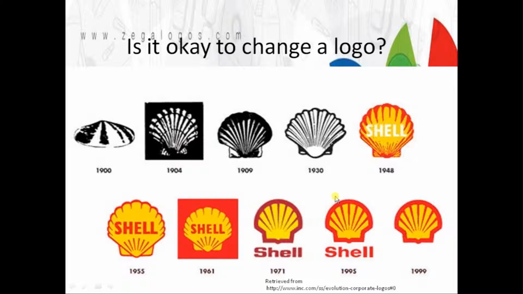So you can see that logos can be changed. Innovation can be done with the flow of time. So you have an idea today, you create a logo, and then you might have a different idea after a while, and you can always go back and change the logo, introduce a new one for your company or whatever you want the logo for.